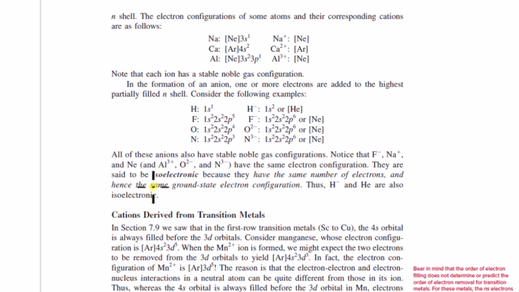They are said to be isoelectronic because they have the same number of electrons and hence the same ground state electron configurations. Right, so when it comes to these cations and anions, we're still talking about the ground state. This is the most stable state of these cations and anions. We're not talking about excited states.